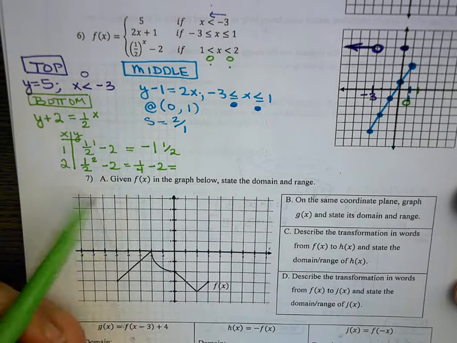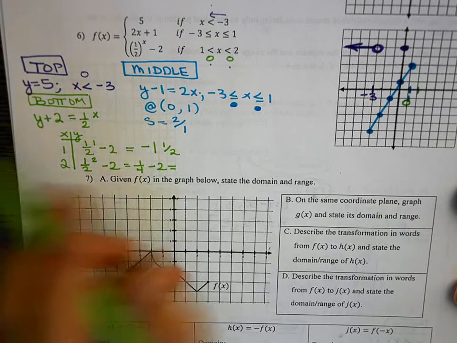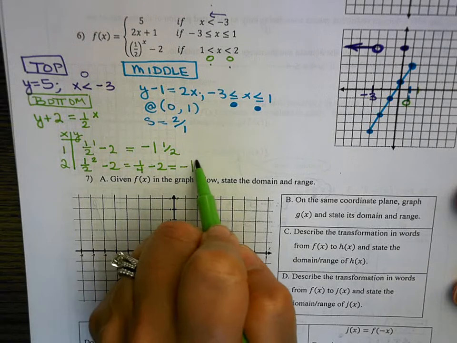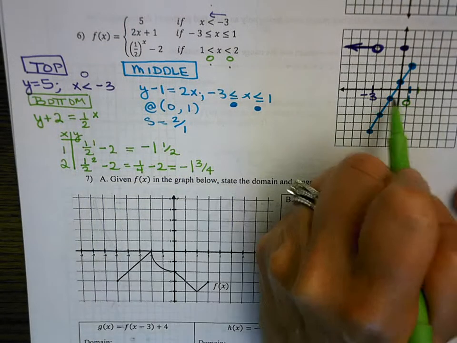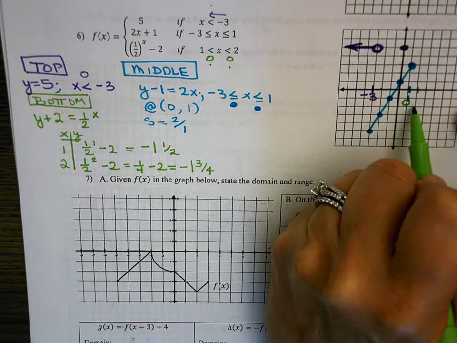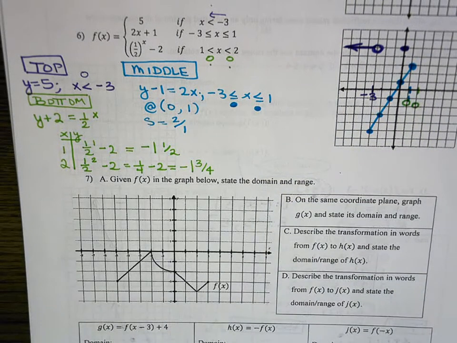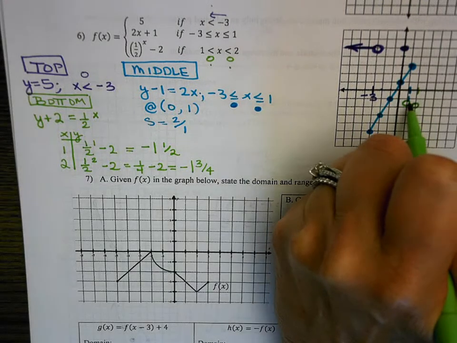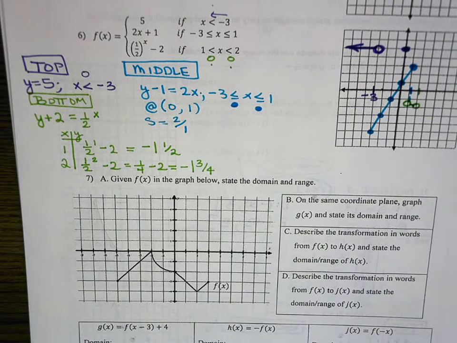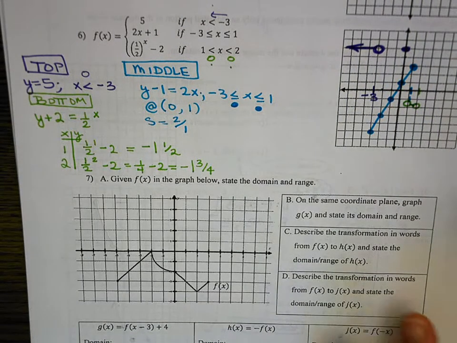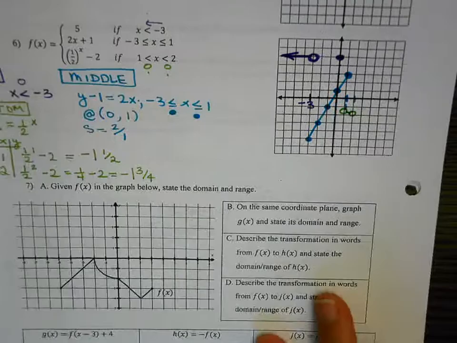So 1/2 squared is 1/4, and 1/4 minus 2 is -1 3/4. That's kind of tight there. Okay, so there is the graph for 1/2 x minus 2. And then I'm just going to connect that. Super hard to see, but that would be my graph. Just that little tiny, tiny, tiny piece.